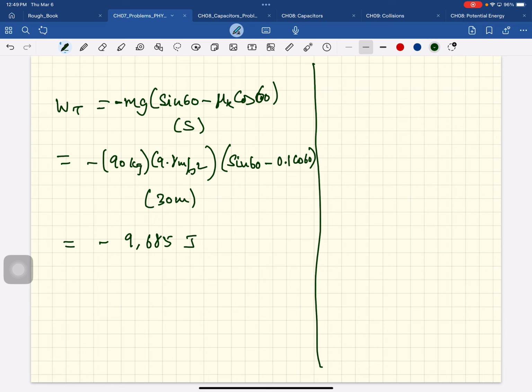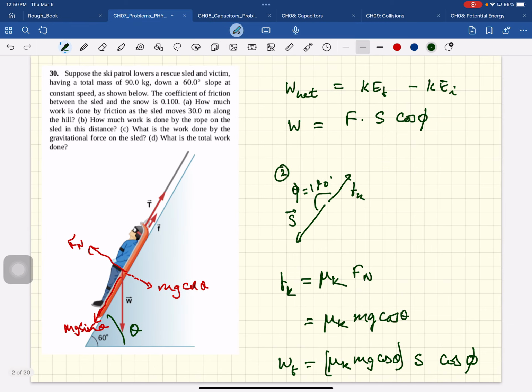All right. The net work done is the work done by gravity plus work done by tension plus work done by friction plus work done by the normal force. Those are all the forces acting on it. So there was gravity, there was a normal force, there was tension, and there was friction.